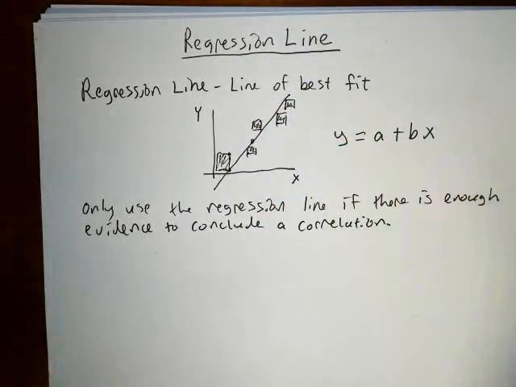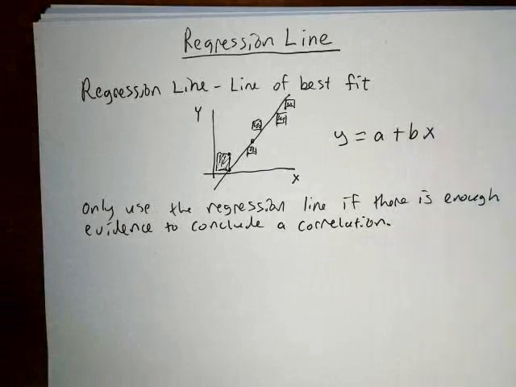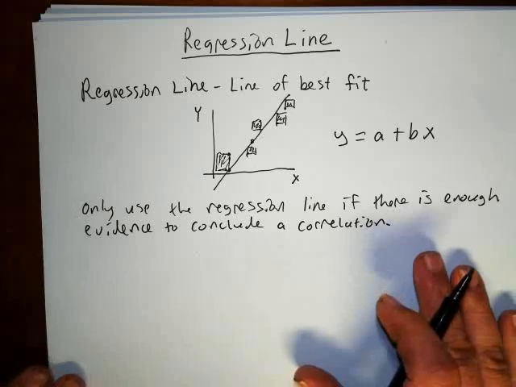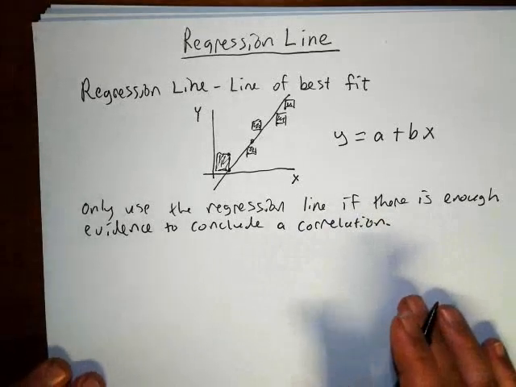Otherwise, your regression line would not necessarily give you accurate results. If the points really don't have a correlation in the entire population, why use a regression line? That's important. So you only use the regression line if there's enough evidence to conclude a correlation.